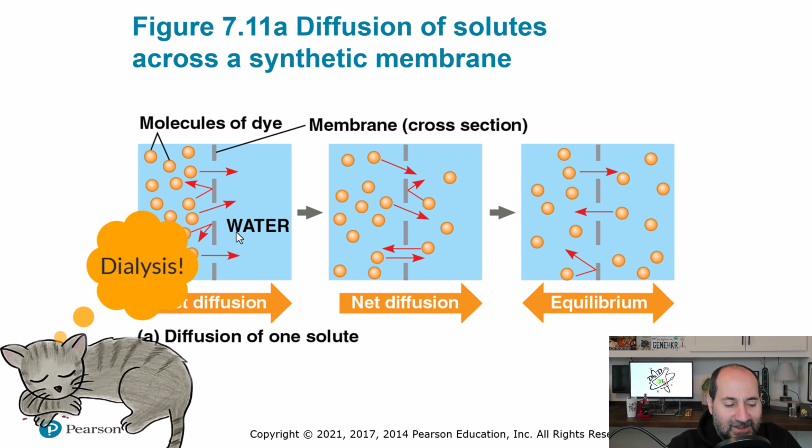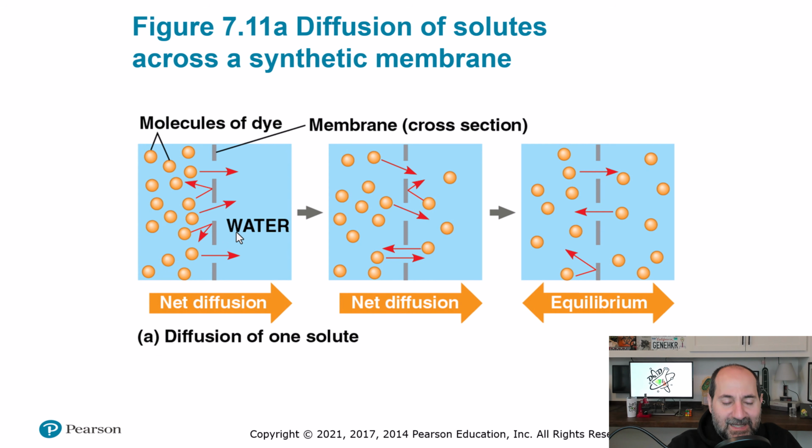Hopefully you beat Wicket to the punch here. This is an example of dialysis because it's mainly these solute molecules diffusing across this semi-permeable membrane. So it's a diffusion of solute across a membrane. And remember, whatever is dissolving will diffuse from an area of high concentration of itself to an area of low concentration.